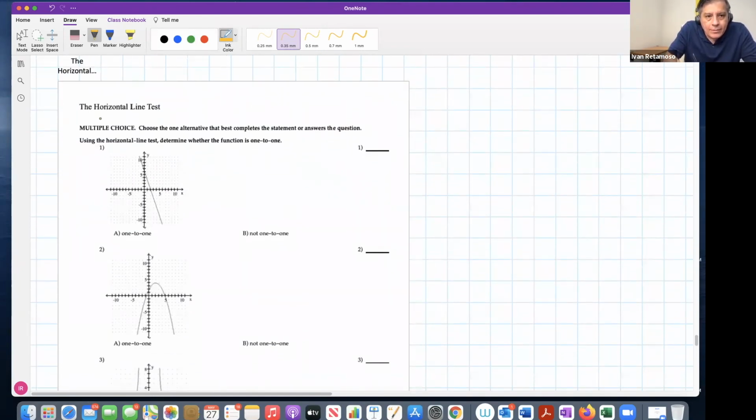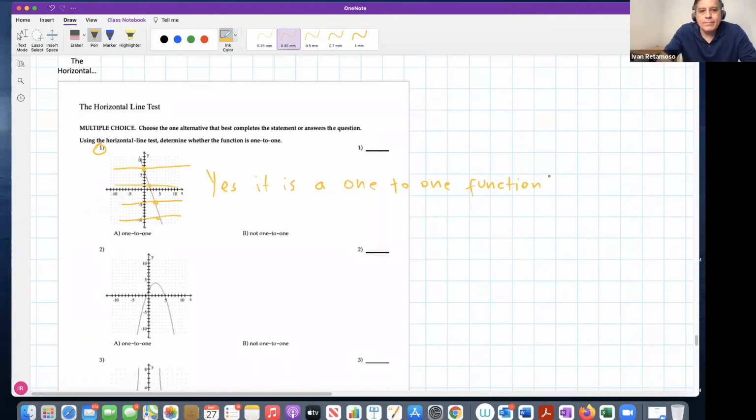Let me do the first one here sort of to explain. Is this a one-to-one function? Let's use the horizontal line test. If I draw horizontal lines, notice no matter where I do it, I always find just one point of intersection with the graph. Then this means yes, it is a one-to-one function.